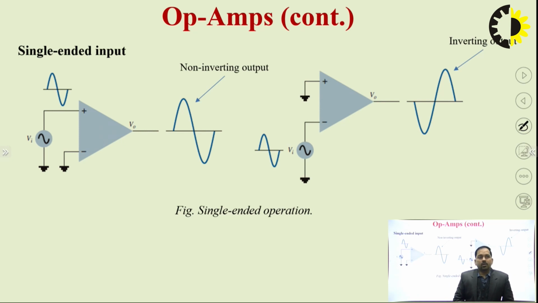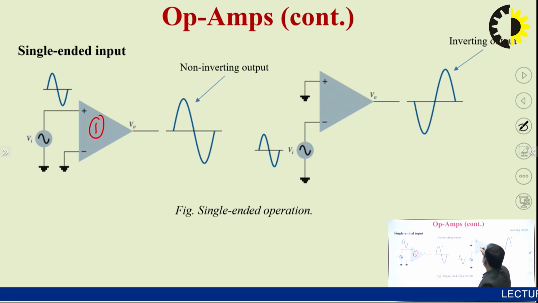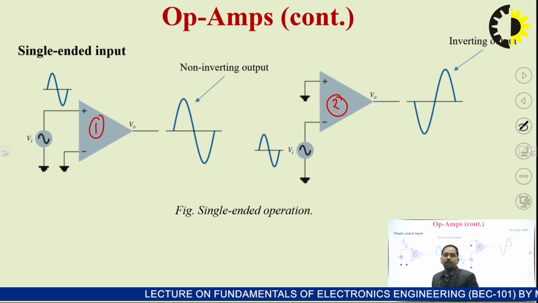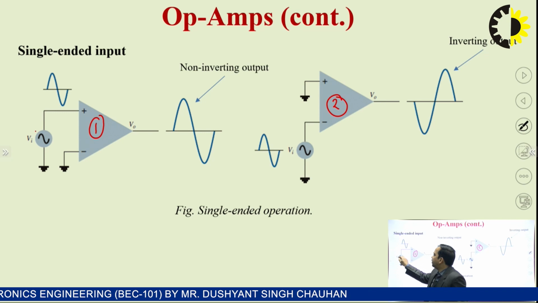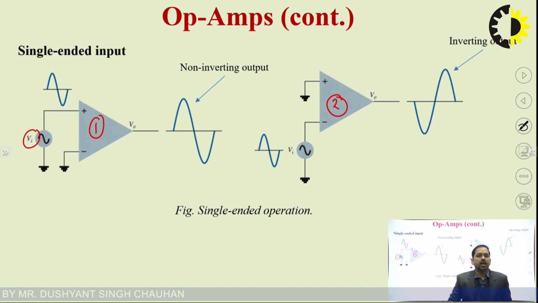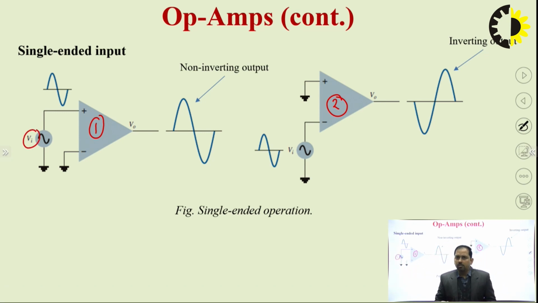Now what is single-ended input? As we can see, we have two op-amps. Let's say this is the first op-amp and this is the second op-amp. If one terminal is grounded and the other terminal, which is the non-inverting terminal, is connected to some signal Vi, and Vi is a sinusoidal signal, we are aware that the output will be in phase.